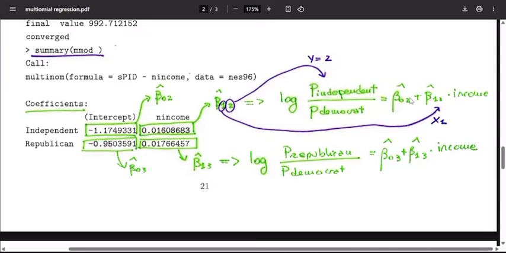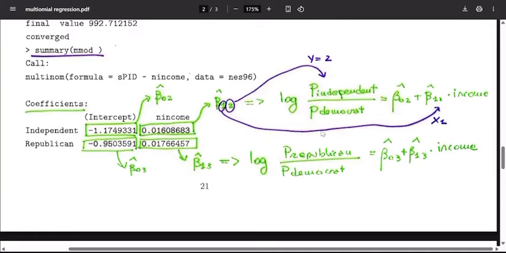Now, these are the two models that I'm actually going to have. Right now, what is my beta 02? My beta 02 is negative 1.174931. Then the beta 21, of course, is going to be that for income.